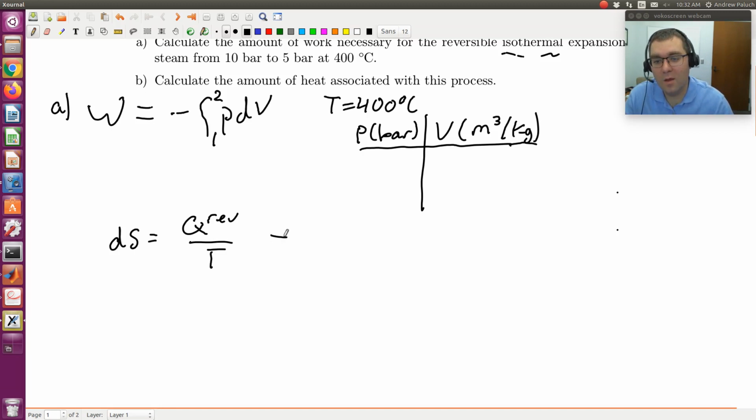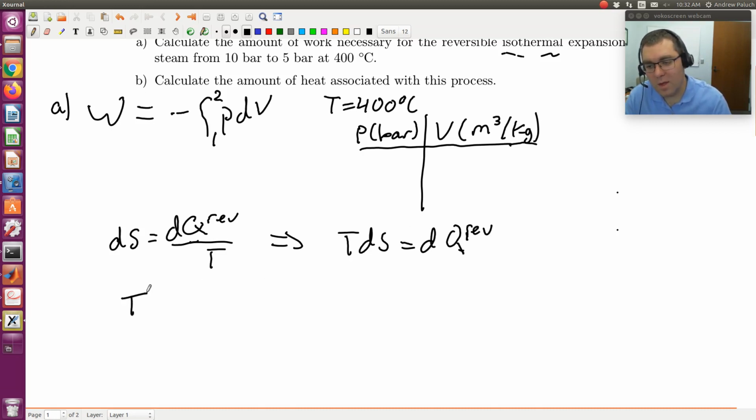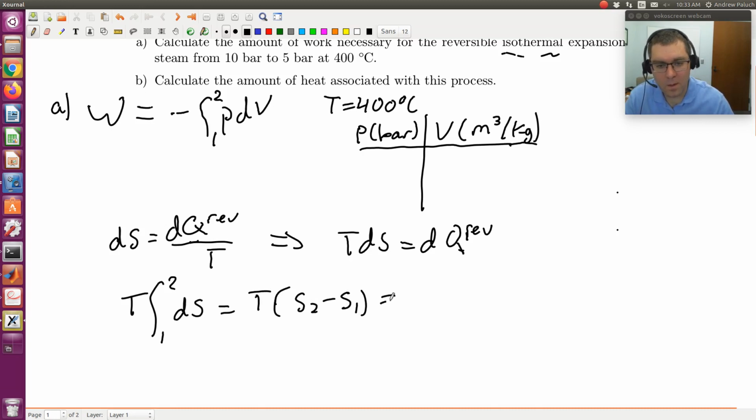So if I have an isothermal process, T dS is dQ reversible, so that T times the integral from my initial to my final state of dS, which is T times (S2 minus S1), is equal to Q reversible.